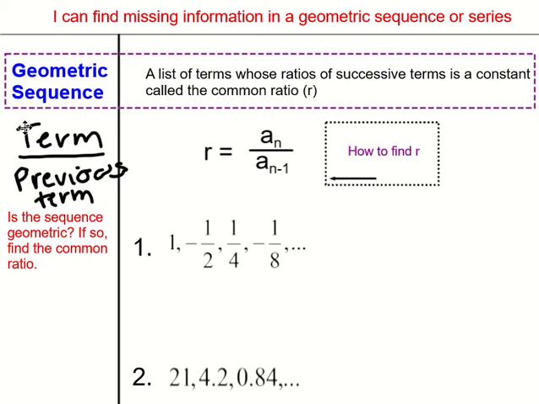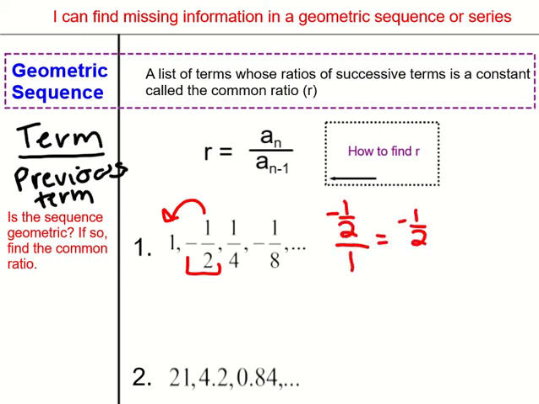Now, it says, is the sequence geometric? If so, find the common ratio. So, in order to find out if this is geometric or not, we're going to pick a term, we can pick any of these four, and divide it by the previous. So I'm going to take -1/2, divide it by 1, and that gives me -1/2.